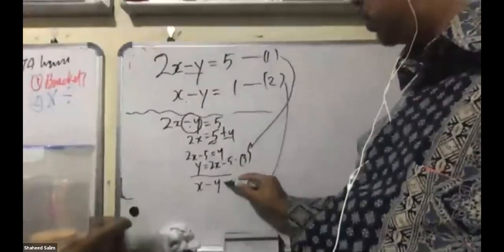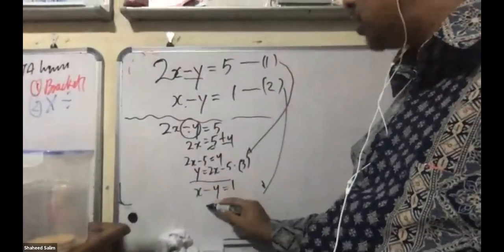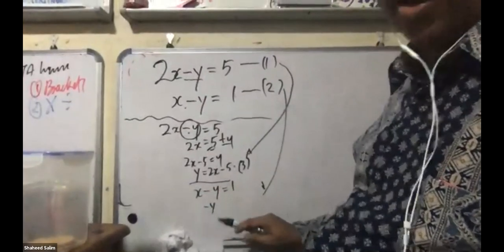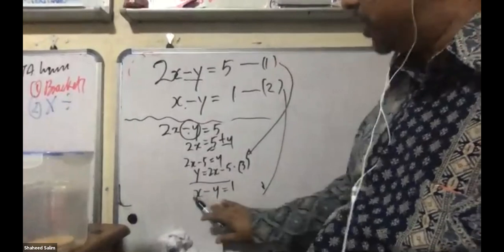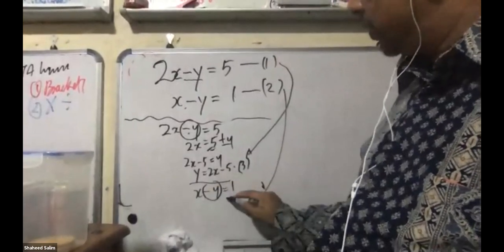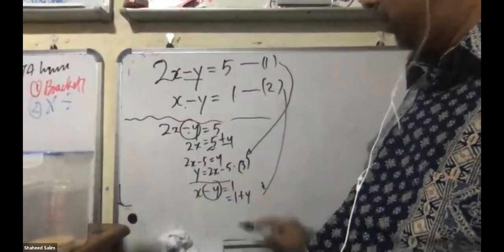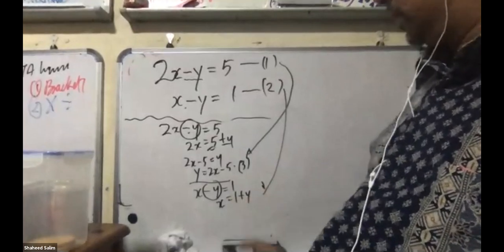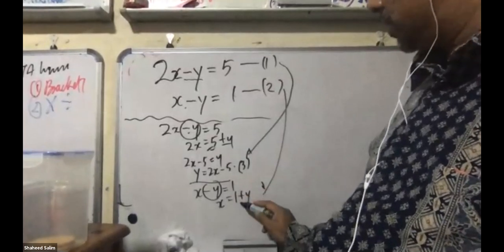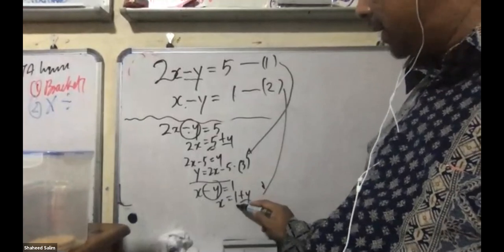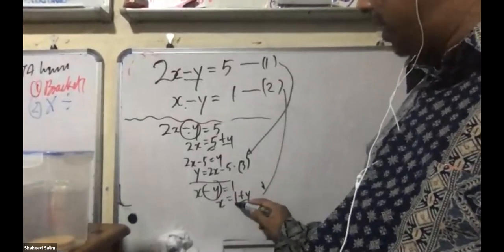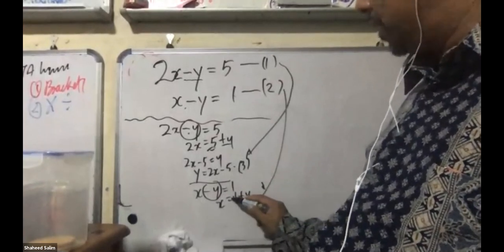X minus y equals to 1. If I bring the x over down, I'm left with minus y. I don't want that. I want to make it easy for myself. I bring this minus y over there. So I become 1 plus y equals to x. Right? I bring minus, become plus down here. Then this 1, now I want to bring it back there. Plus 1 I bring there, it becomes minus 1.